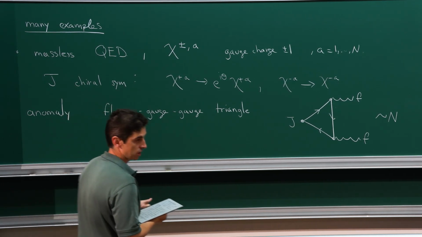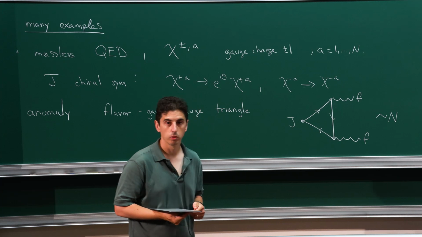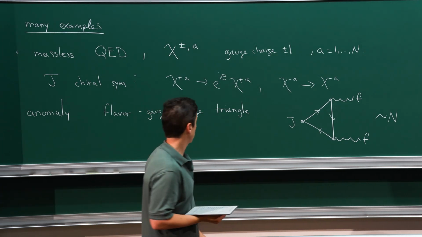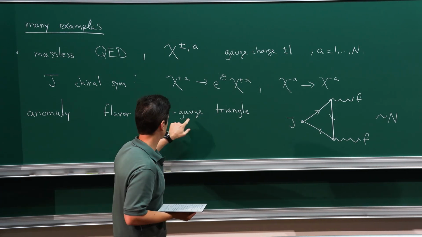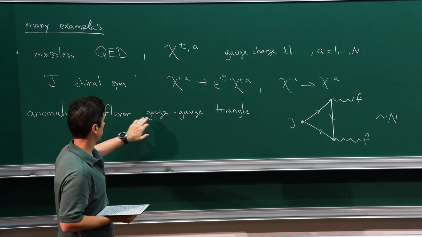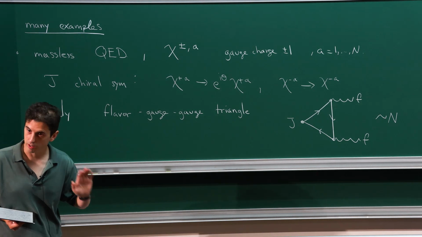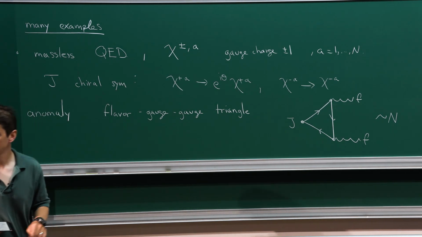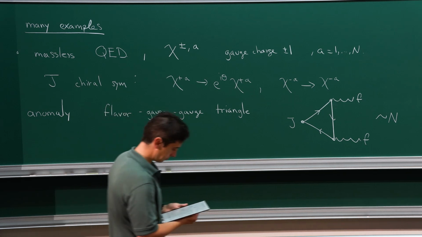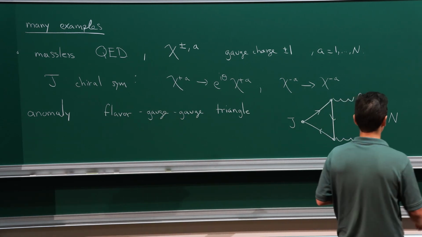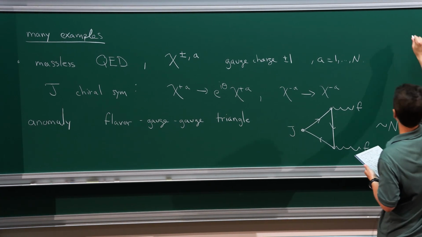Yesterday we were also considering triangles, but the vertices were different. Here we have flavor, gauge, gauge. Yesterday we had flavor, flavor, gauge. So the implications of triangle diagrams are very different depending on what the legs are. So that's one example.